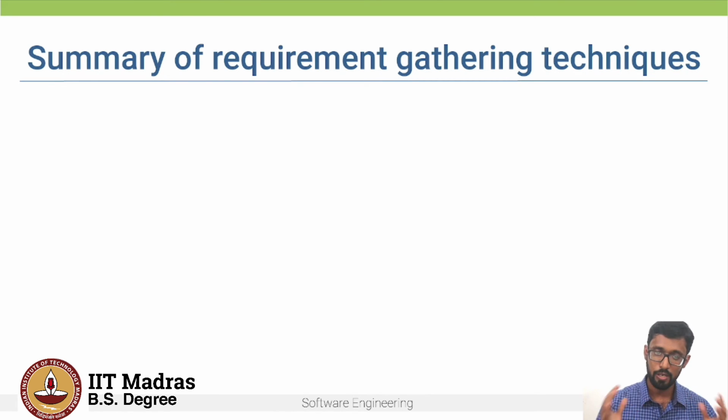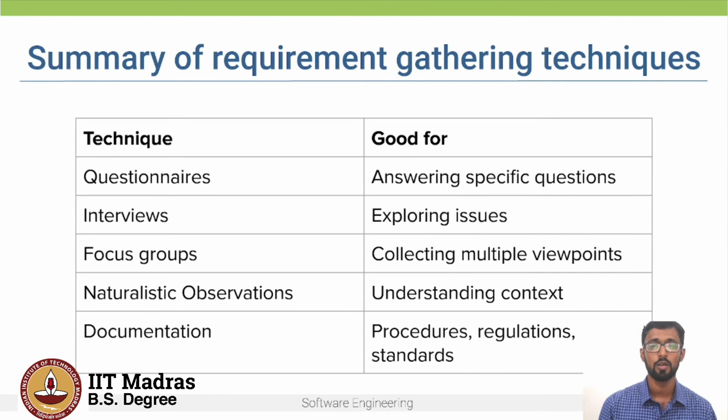So here's a summary of the requirement gathering techniques which we saw till now. We looked at questionnaires, interviews, focus groups, observations, and documentation. And each of them serves a specific purpose. For example, questionnaires are good for answering specific questions, and interviews are good for exploring issues for which we do not really have the answers.